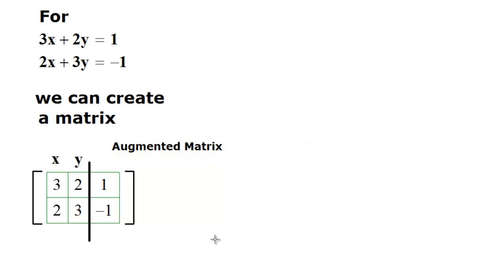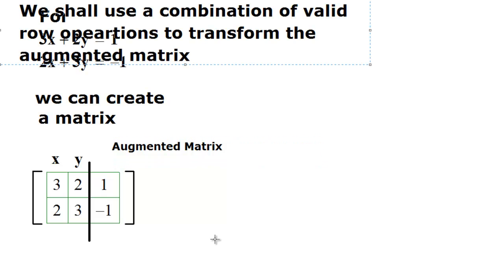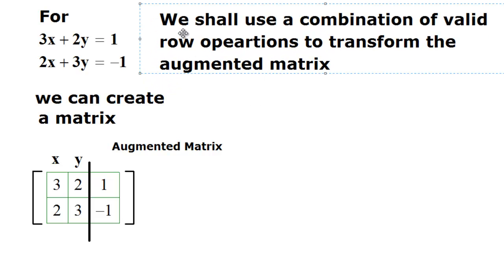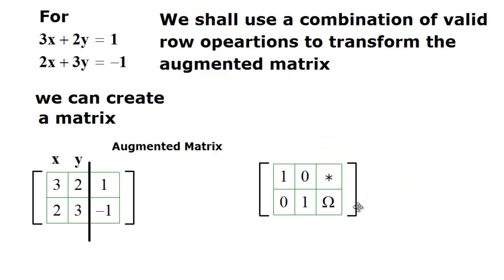Okay, so our strategy will be to use a combination of valid row operations to transform this augmented matrix to a matrix of this form, which is also called row reduced echelon form of the augmented matrix that we have.